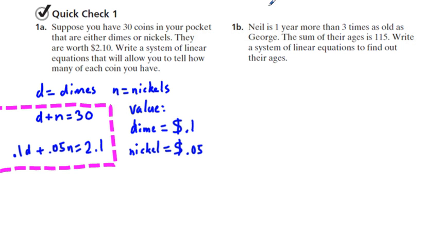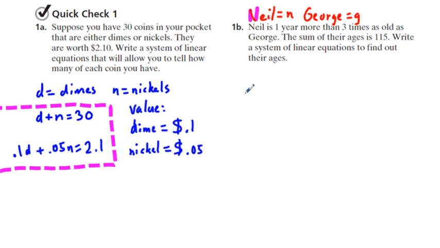Next, 1B: Neil is 1 year more than 3 times as old as George. So we're going to have two variables. We'll say Neil equals N, and George is equal to G for George.